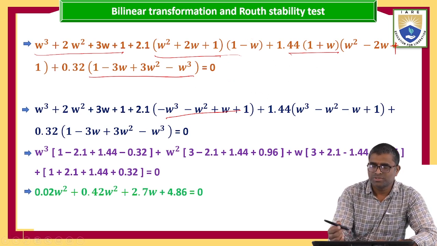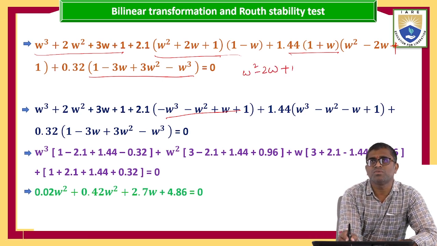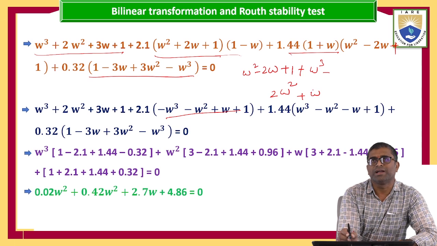Next one. This one. So, what we have to get? Omega square minus 2 omega plus 1, plus omega cube, minus 2 omega square, plus omega.